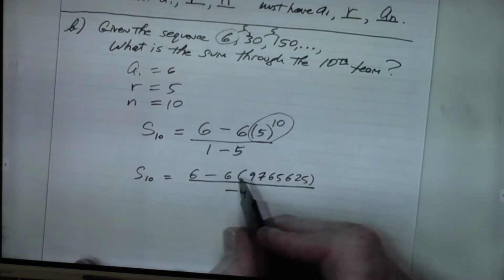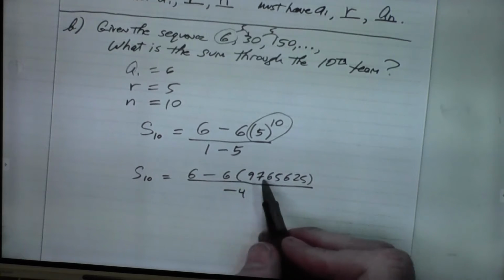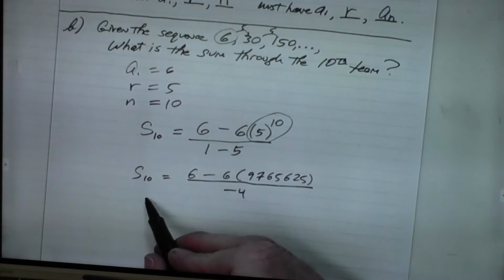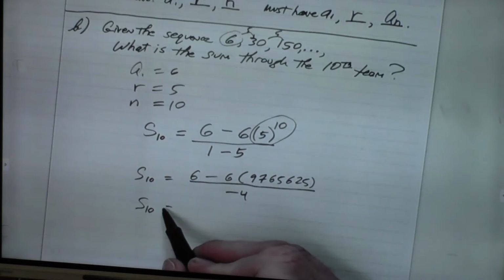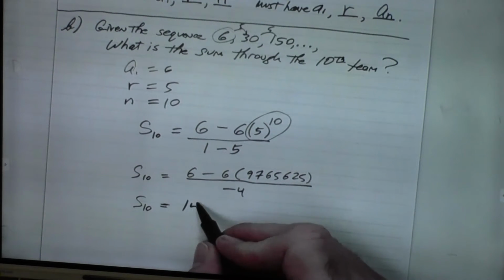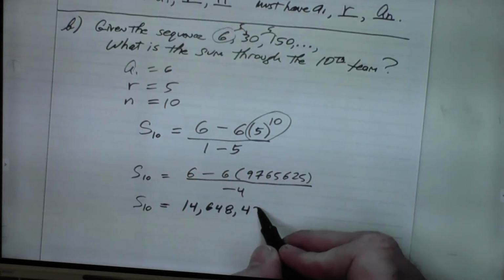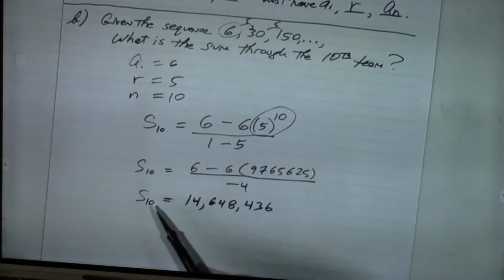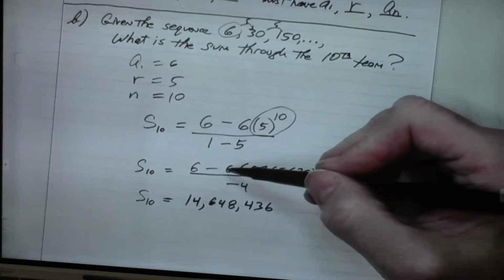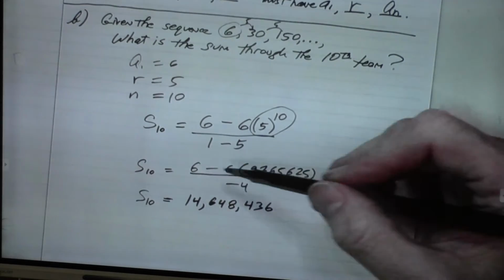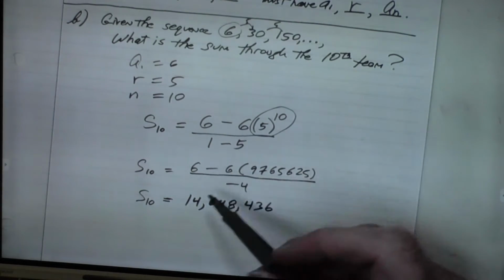This is easy enough. And then you can multiply the rest of it. You multiply this, and you're going to get a negative. The overall total comes to 14,648,436. It's positive because this is negative and this one after you multiply it will be a negative number. The negatives will cancel out.